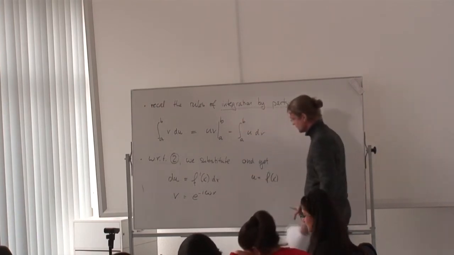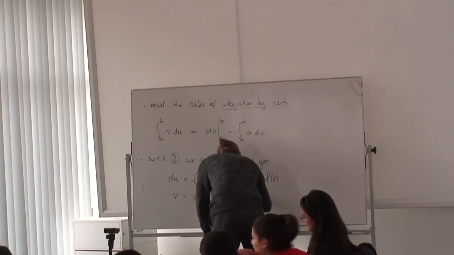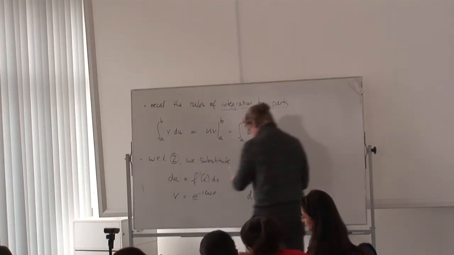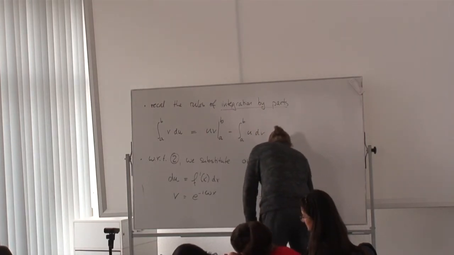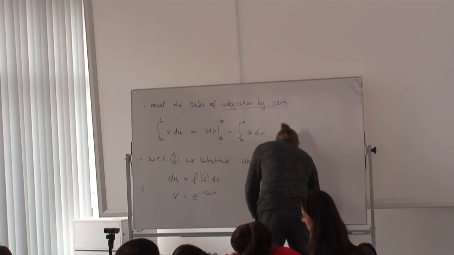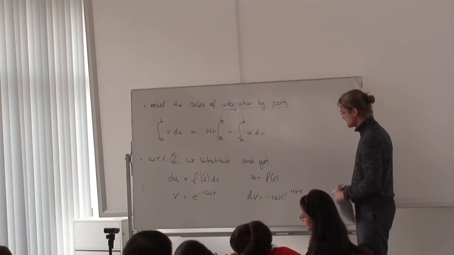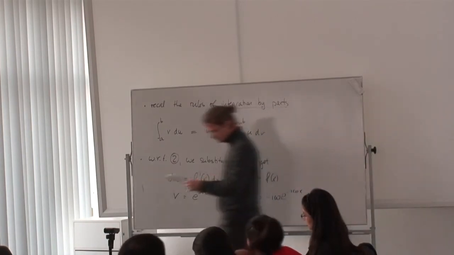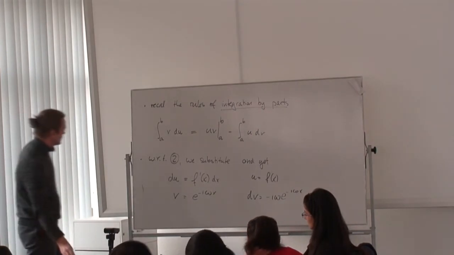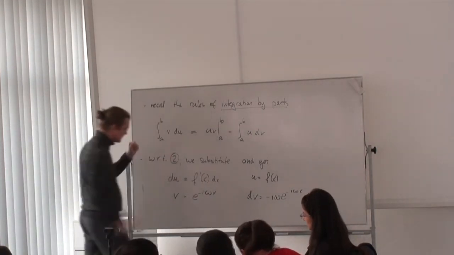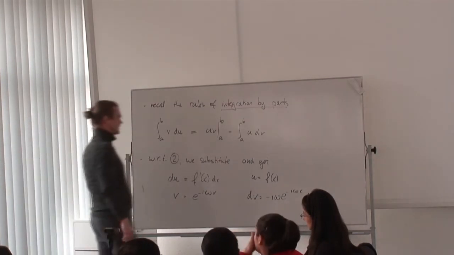And if we compute the differential of that, we get that dv is minus i omega e to the minus i omega x dx. This is basically what I just did with the v. So if we use that and compare to equation 2, we get the following.